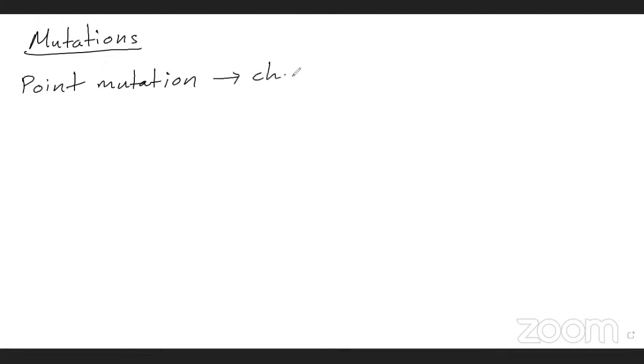A point mutation is just a single change in a nucleotide. An example under this is sickle cell anemia. It's just one change, and it basically messes up everything. One simple change. All right. So point mutation, a change in a single nucleotide.